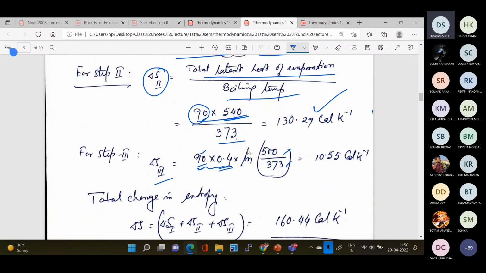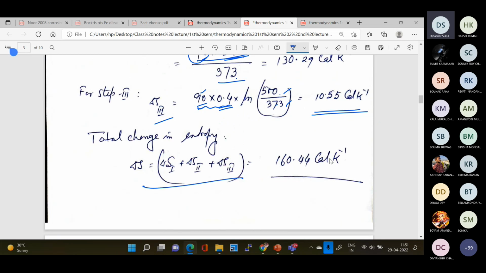This is the total heat capacity for 90 gram of water vapor, times ln 500 by 373. So this is the change in entropy for step 3. Hence, for the total change of entropy, we have to add all the steps.